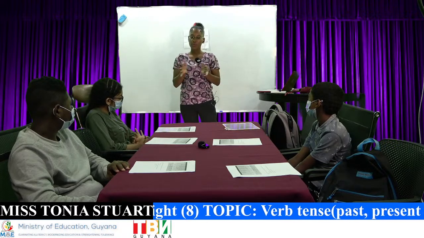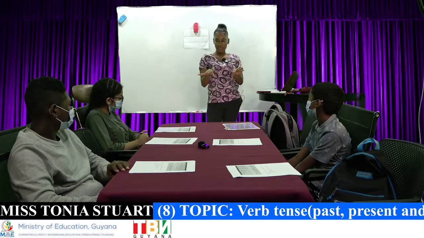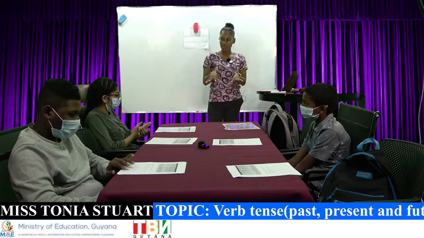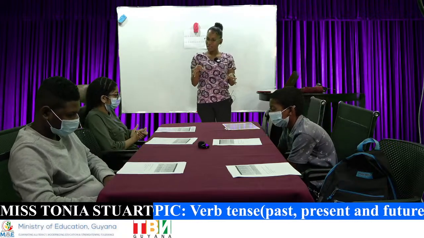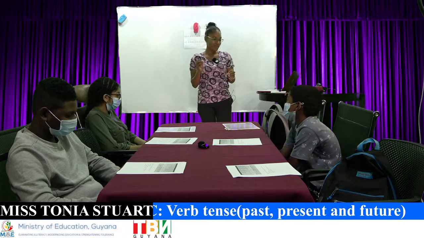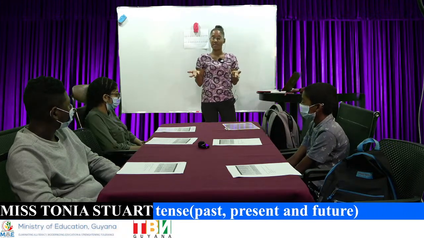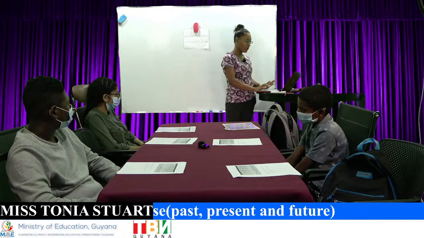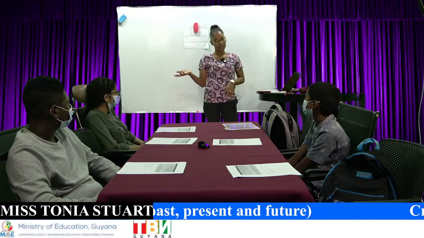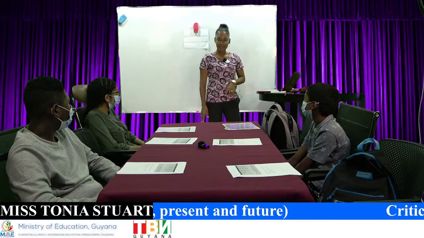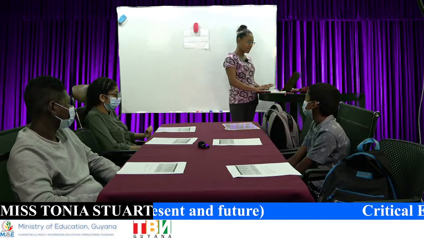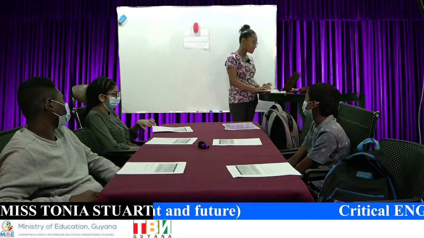Because you're looking at them on your worksheets, it looks a little confusing, but it's going to be easy, and you're going to see how easy I will try to make it for you. Remember, if you have questions, be sure to ask, because you're representing those who cannot ask questions for themselves.